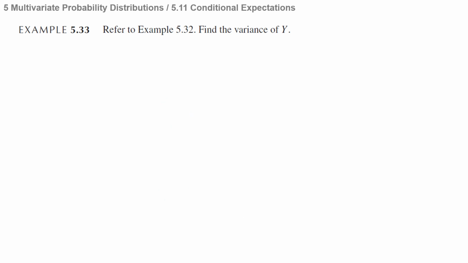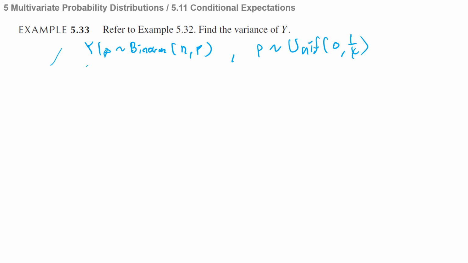Okay, let's move on to example 5.33. Refer to example 5.32, which is the previous example. Find the variance of y. And in the previous example, y given p follows a binomial distribution with n and p, and p follows a uniform distribution from 0 to 1/4.